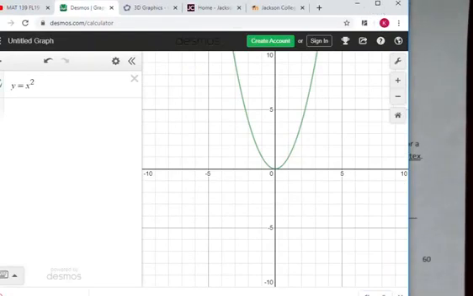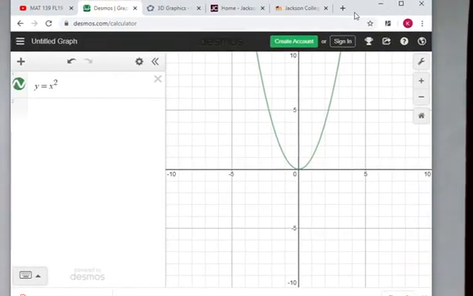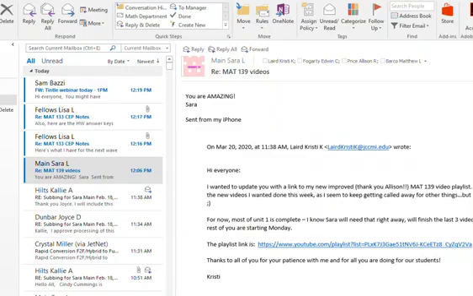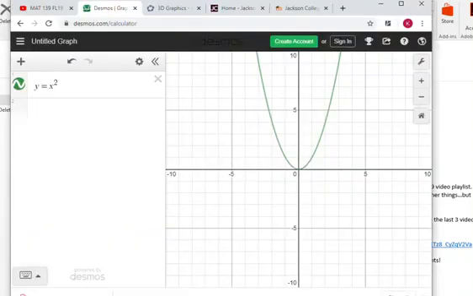So here we go. Here is my graph of y equals x squared, which I've already created in Desmos. Sorry, let me get my volume down here for us so we don't keep on hearing that. There we go. All right, so again, here is the graph in Desmos, y equals x squared.